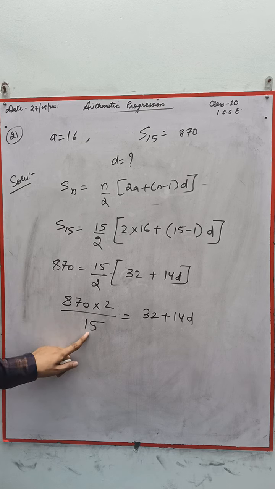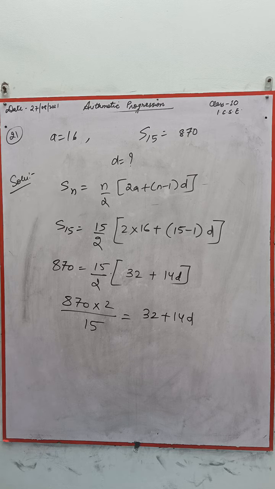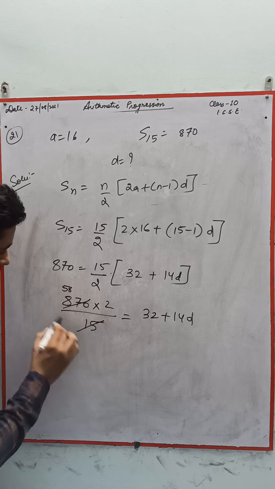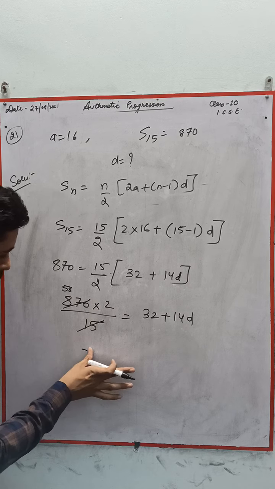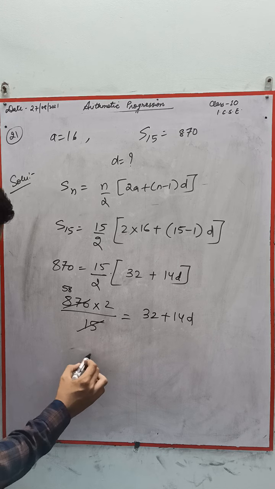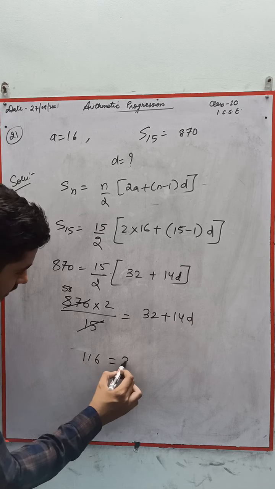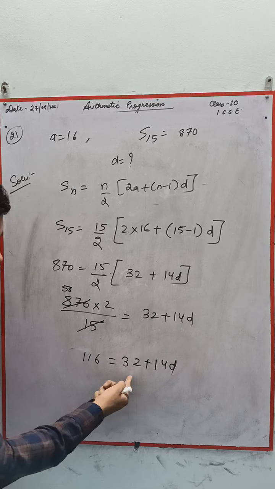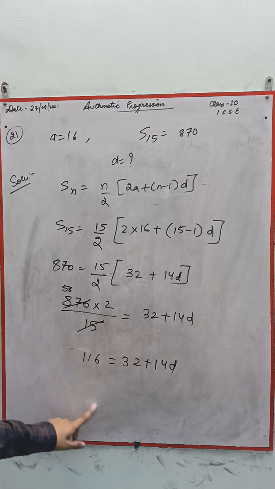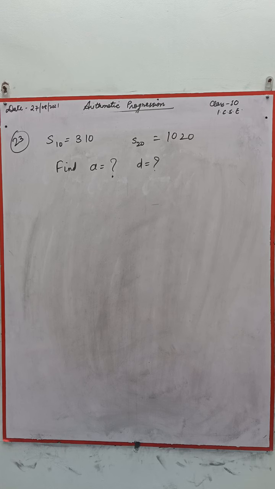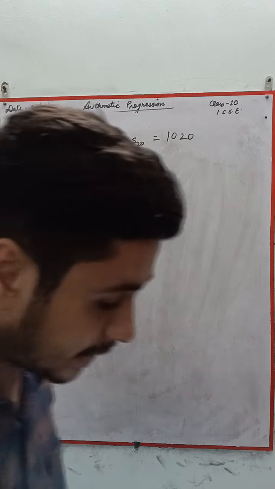So we can cancel this 15 with this 870. Just see, it is divisible: 15 goes into 870, 58 times. So 58 into 2, you will get 116. Okay, 116 is equal to 32 plus 14d. Transpose this 32 here, divide by 14, you will get the value of d. As for the 22nd question, you can try.